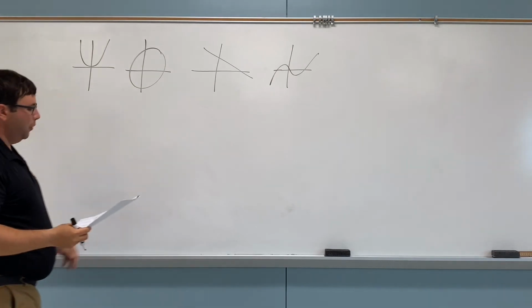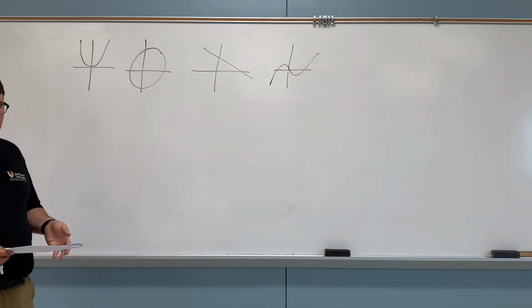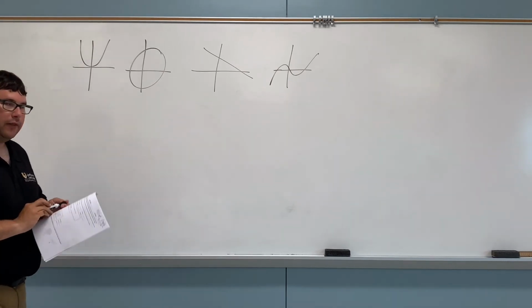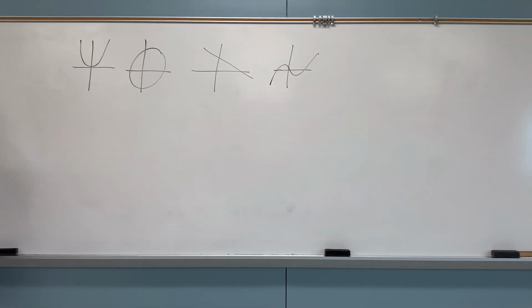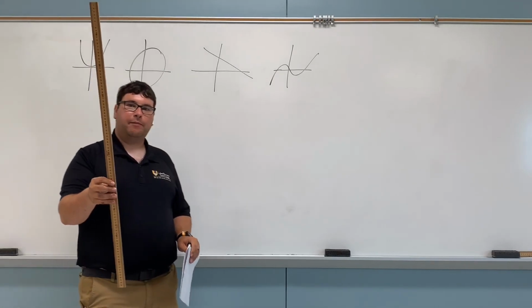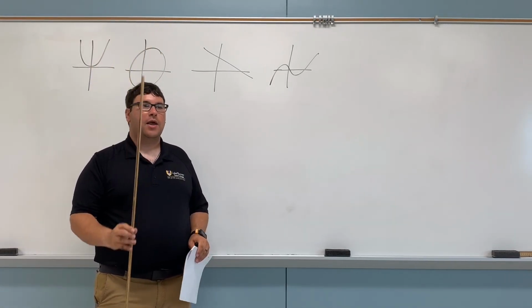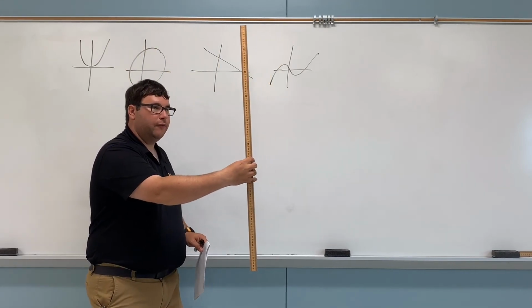Now, these are 4 different graphs, and we want to find out whether or not these are functions. What we do is something called the vertical line test. The vertical line test is super easy. We take some kind of ruler, pencil, whatever it happens to be, nice and straight, and we can take it from left to right across the graph.